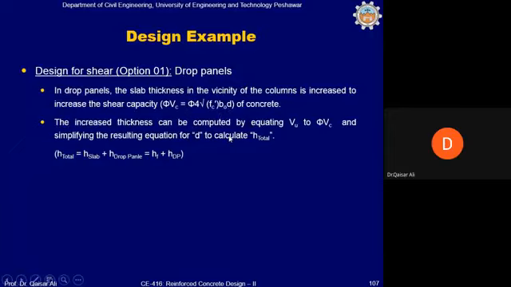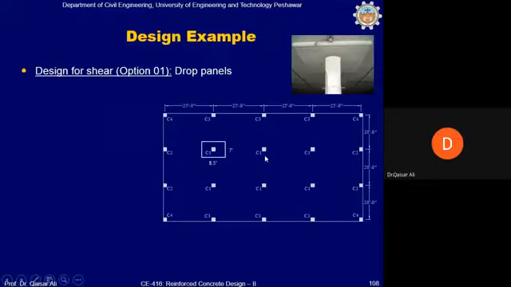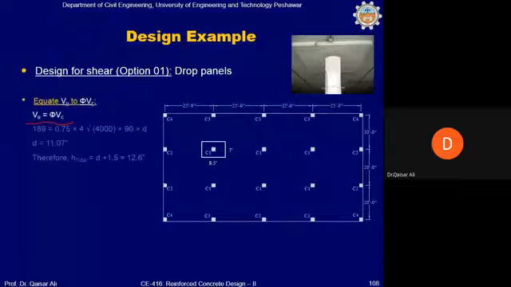The increased thickness can be computed by equating VU to phi VC and simplifying the resulting equation for D to calculate H total in this manner. We equate VU to phi VC, and we know that VU is 189 kip. Phi 0.75 into 4 are kept as constants. B naught we will keep as it was in the beginning for the initial thickness of 10 inch, but D we will calculate.